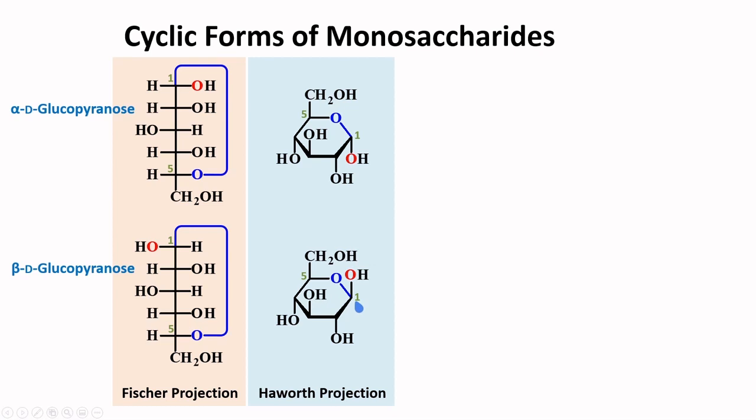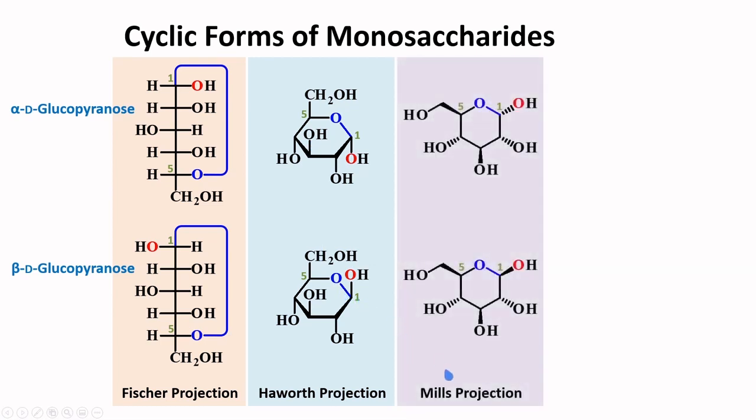We can relate the alpha-glucopyranose in a Fischer projection to a Haworth projection by rotating it clockwise and looking at the positions of the OH groups. Here, the OH group is on the right side, and here it's positioned downwards. This OH group is on the left side, and here it's positioned upwards. We can do this comparison similarly with beta-D-glucopyranose.